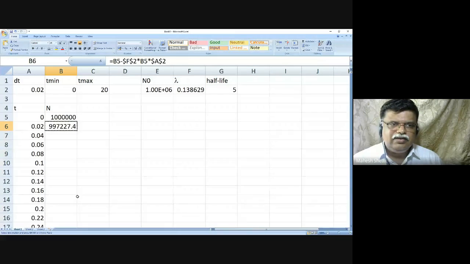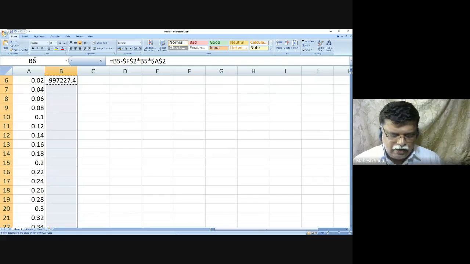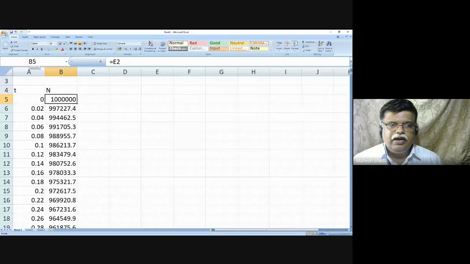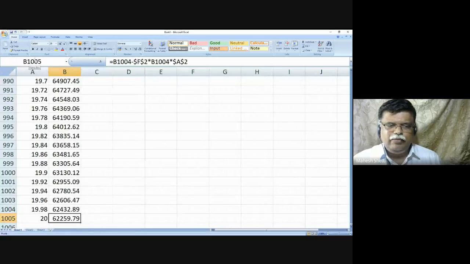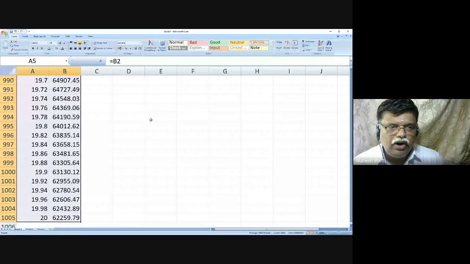Now I have to paste this formula everywhere. I have taken 1000 cells, so I will go up to B1005. Select that, paste it, and well, it came to some value. Let me plot this graph.